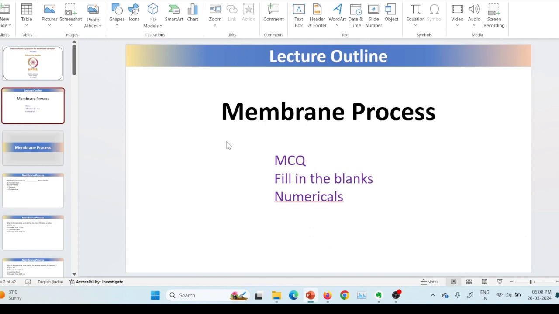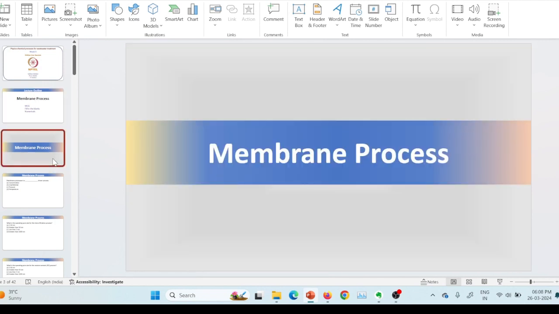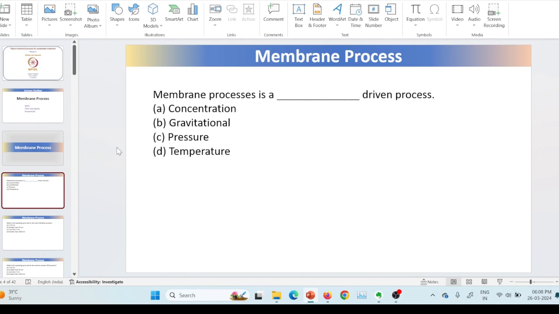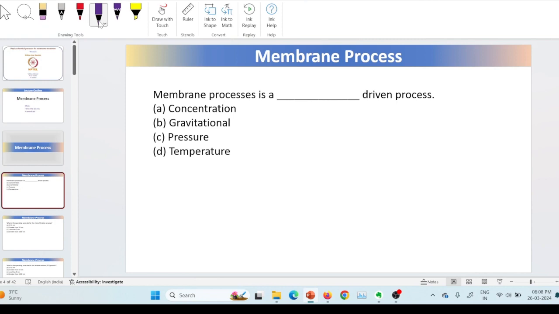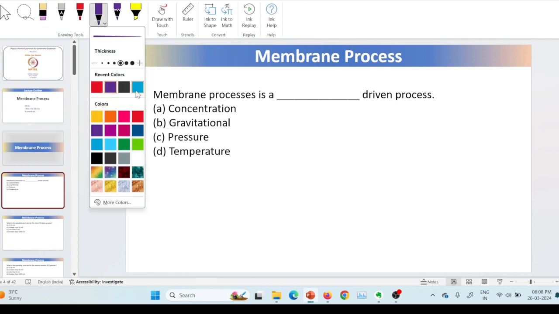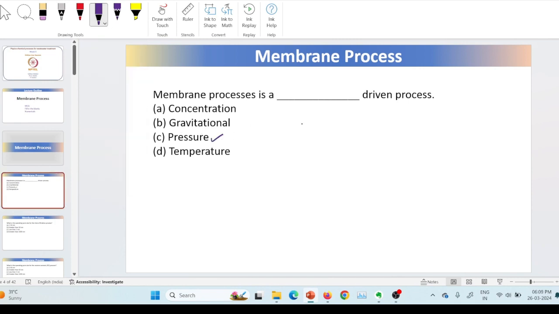So today we will discuss membrane process. Membrane process is a pressure-driven process, because we apply pressure.